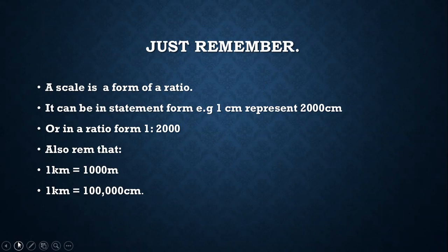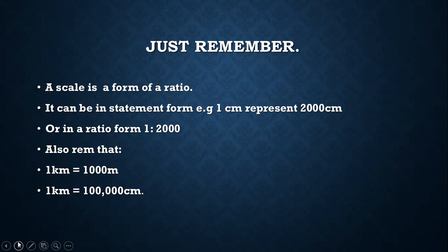A scale, like I told you earlier, is a form of a ratio, and it can be in statement form, e.g. 1 centimeter represents 2,000 centimeters, or in ratio form. So if I write 1:2,000, it means that 1 centimeter on a piece of paper represents 2,000 centimeters on the ground.